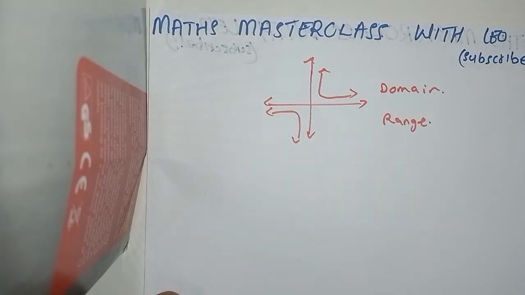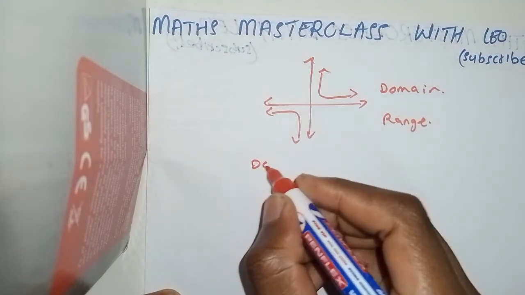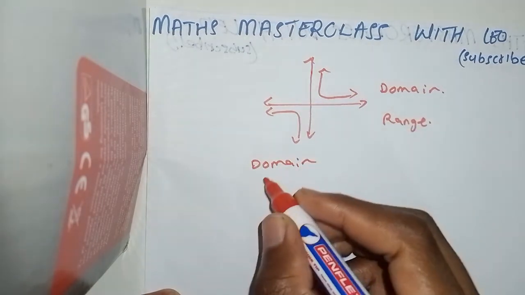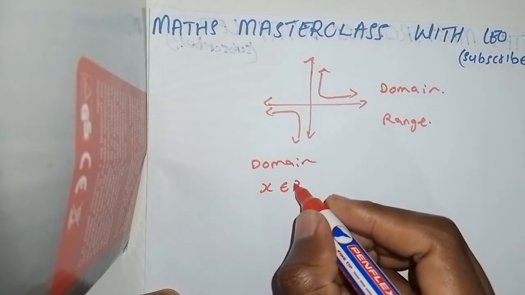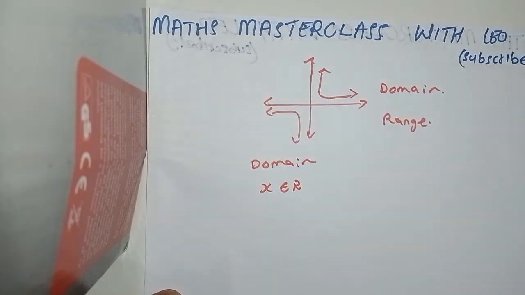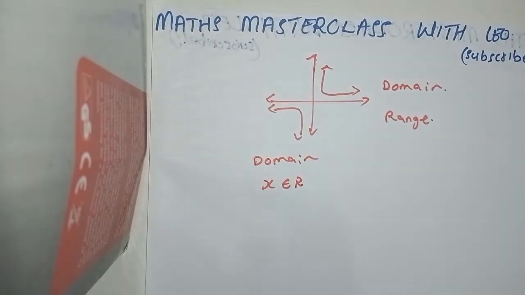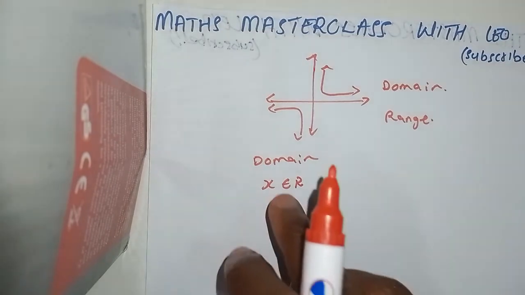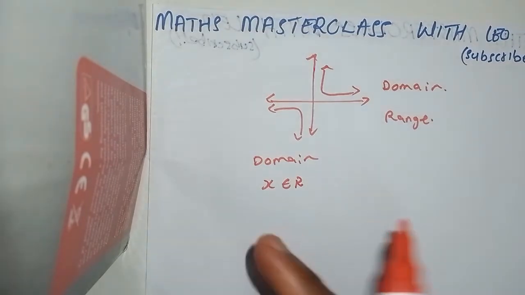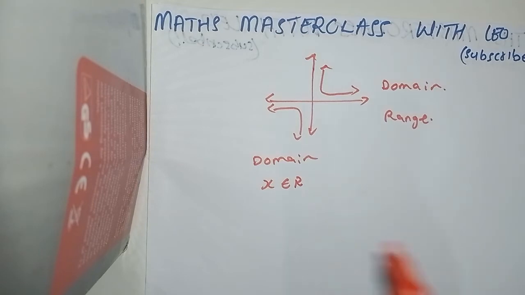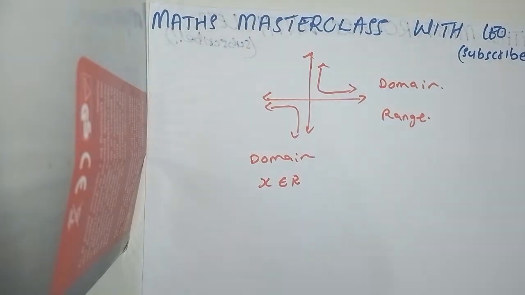Right? In this case, my domain is x, the element of real numbers. Right? This will always be 2 marks and greater, right? Now, x is the element of real numbers. Am I done? No, I'm not. Why? I have conditions.